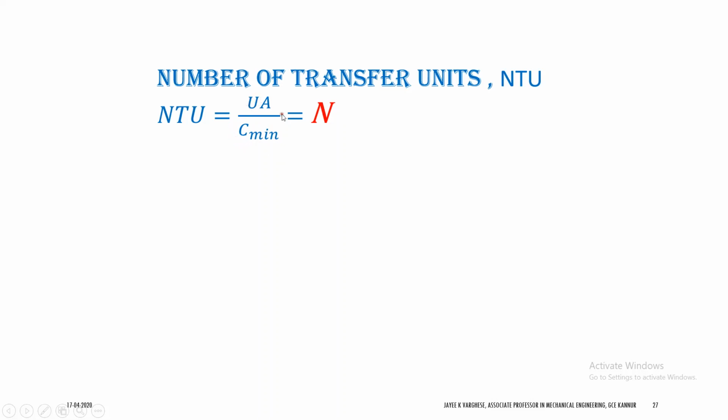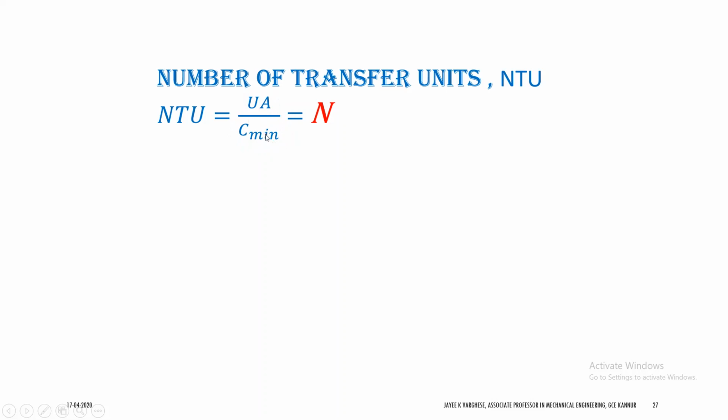So UA is the heat conductance, the inverse of the resistance. Conductance of the fluid divided by minimum heat capacitance is known as the number of transfer units of the heat exchanger, NTU. This actually represents the size of a heat exchanger.